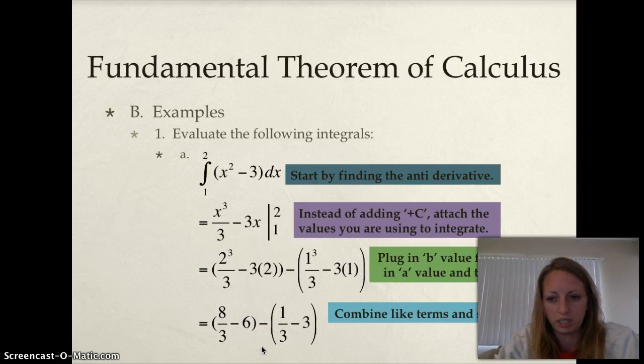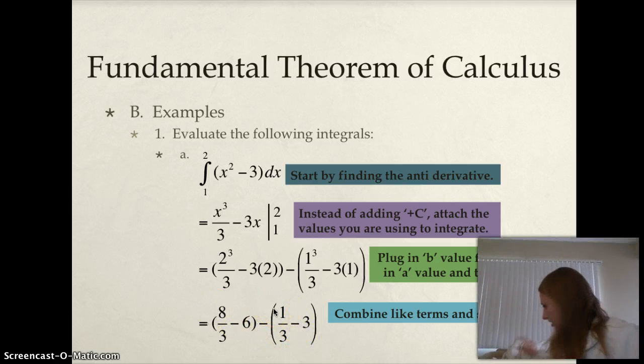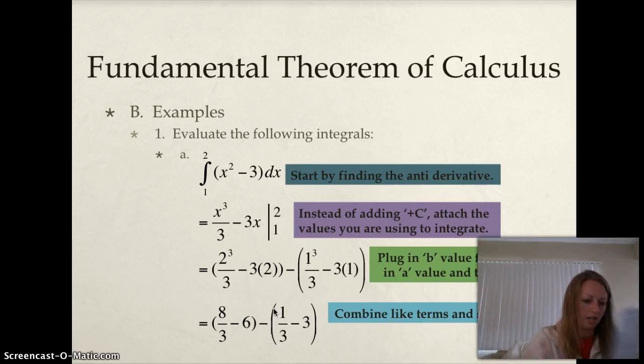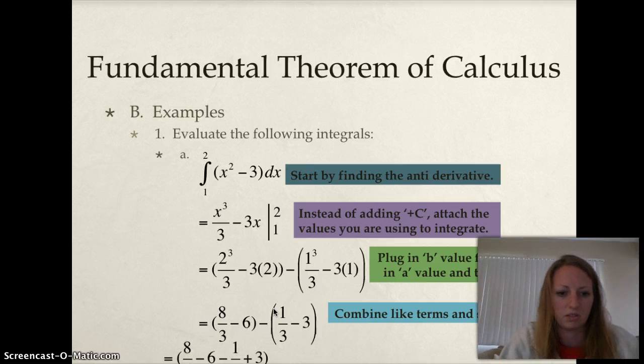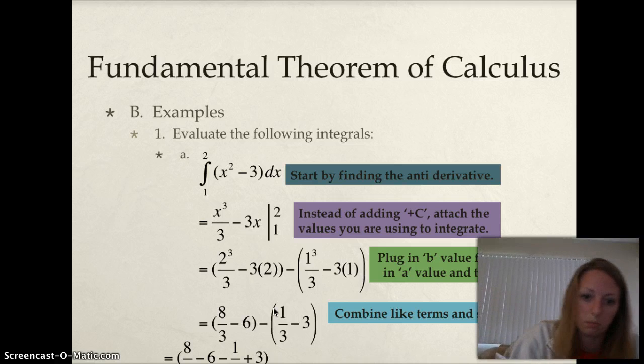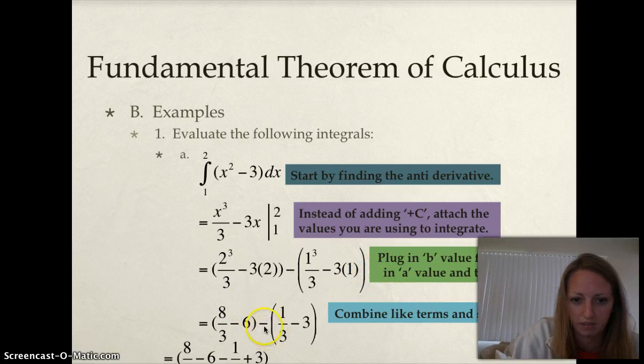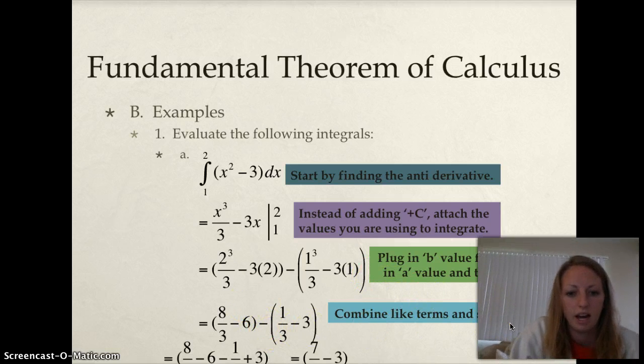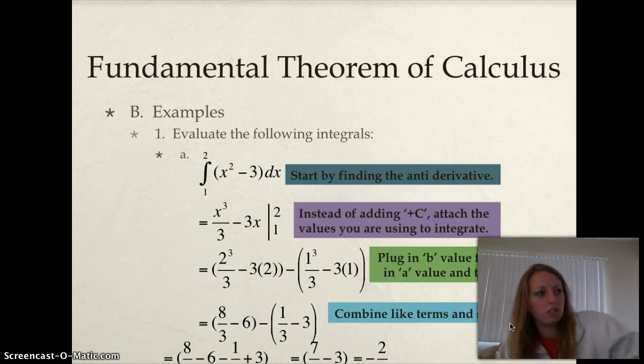I know you said it cuts off a little bit in the corner, so you would just finish simplifying these terms, and I did write it, but just in case you can't see it, it is 8 over 3 minus 6 minus 1 over 3 plus 3, because that minus a negative turns to a positive. We get 7 over 3 minus 3, which in turn equals negative 2 over 3.